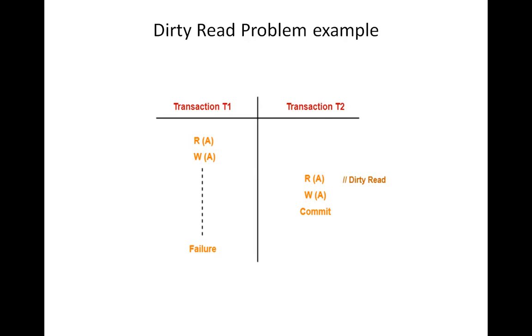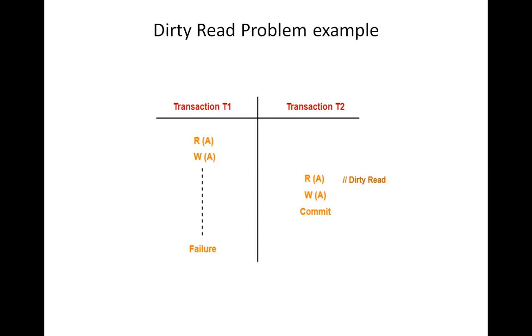So in this example, T2 read the dirty value of A written by the uncommitted transaction T1. T1 failed in a later stage and rolled back. Thus, the value that T2 read now turns out to be incorrect. Therefore, the database became inconsistent.